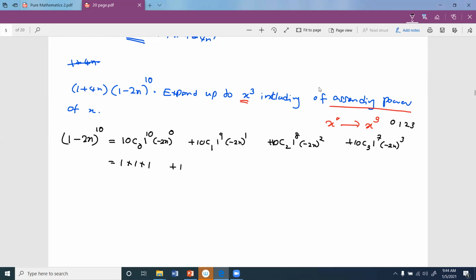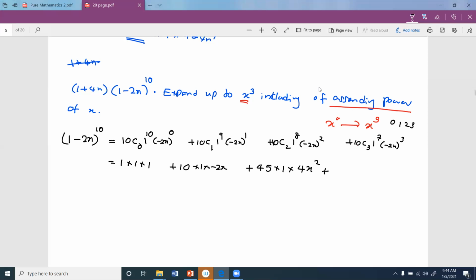So it turns up to 10 into 1 into minus 2x, then 10c2, right? You can use your calculator and obtain the answer for 10c2. Yes, I think yesterday we already learned how to get that from your calculator. It's 45 times 1 into minus 2x to the power 2, which is 4x squared. You have to understand, when you square, you have to square everything at once.